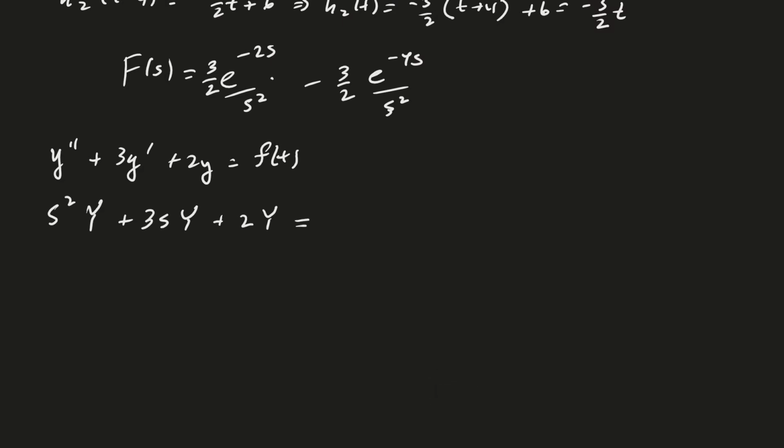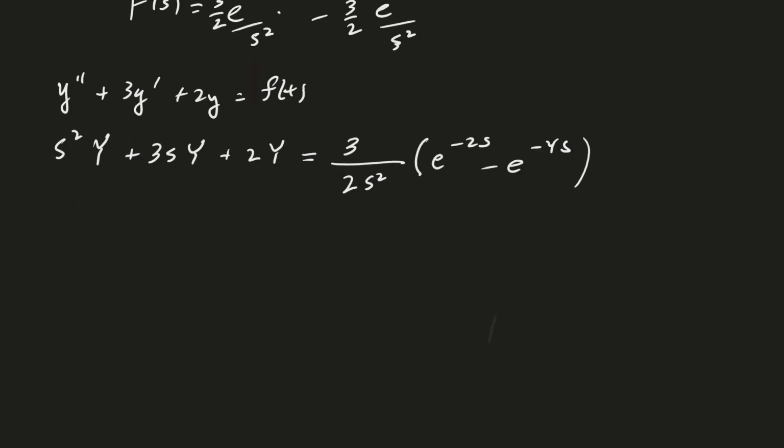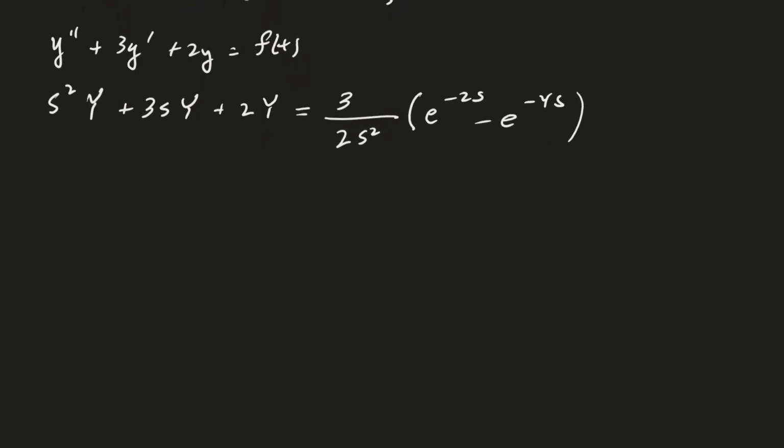And so now I'm just going to rewrite this. It looks like I'm going to go ahead and factor out that 3 over 2s squared, and then I'll have an e to the minus 2s minus e to the minus 4s. What do you think about that? I think that looks nice. Okay.